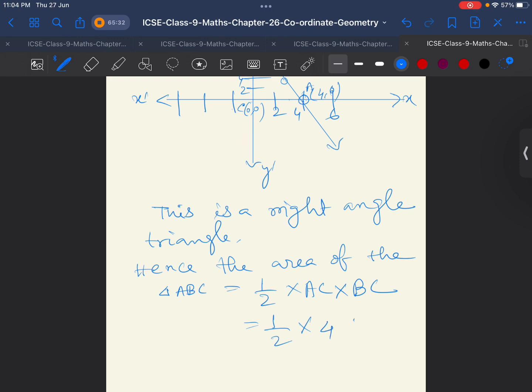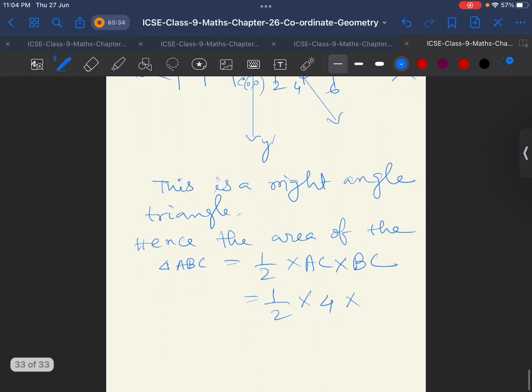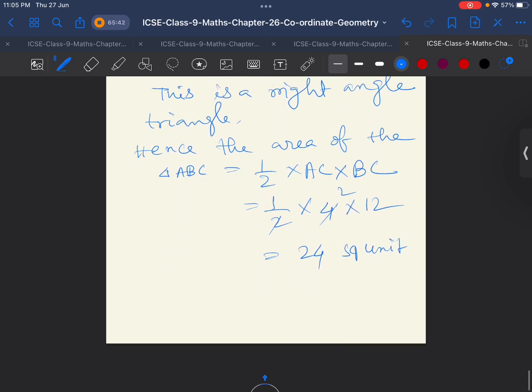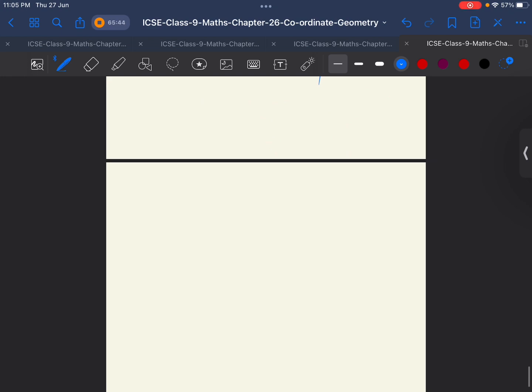So AC is 4 and the length of BC is 12. So half of 48 is 24 square units.